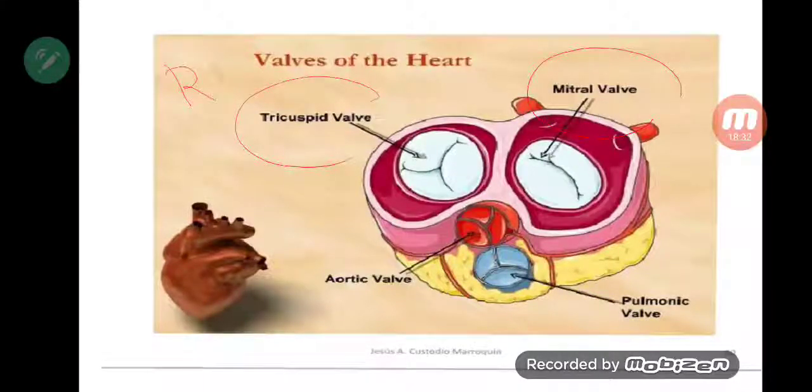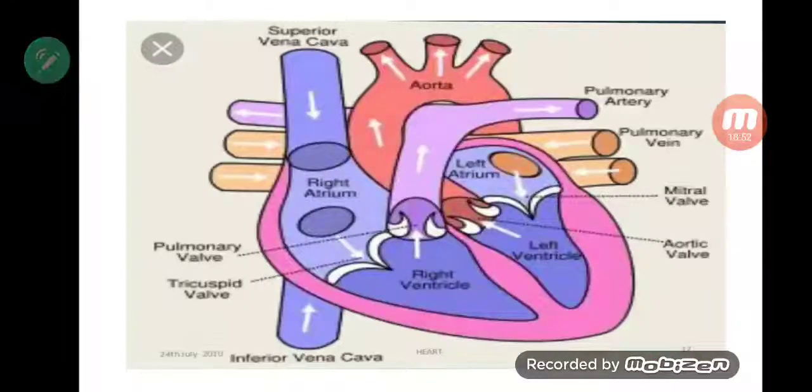This is in the right side and this is in the left side. Here are the valves: tricuspid, pulmonary, and aortic, mitral.